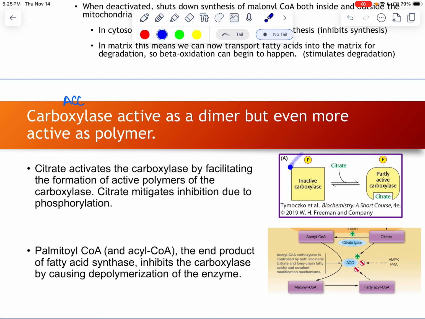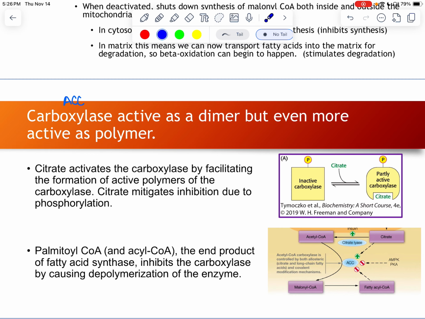Remember we said even the inactive version with the phosphate could be partially activated by citrate because it facilitates this polymerization, the formation of active polymers. So that citrate kind of mitigates whatever inhibition that phosphate had, lets these things polymerize, so they start getting some activity back.